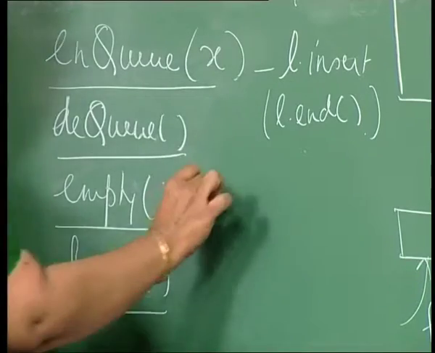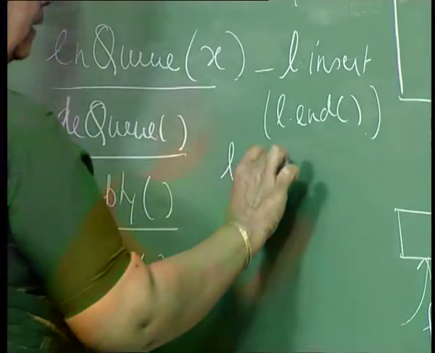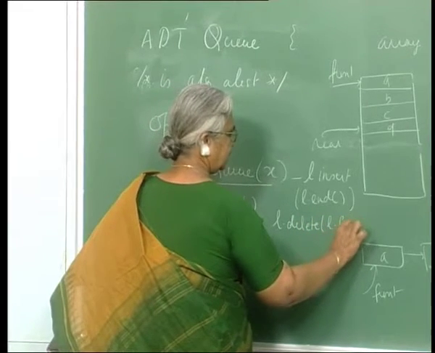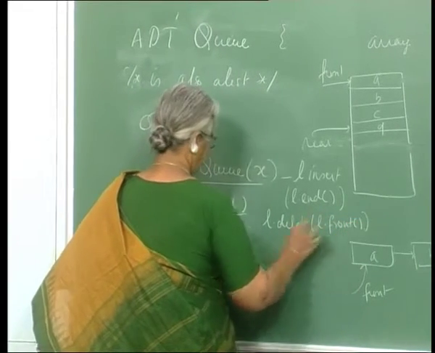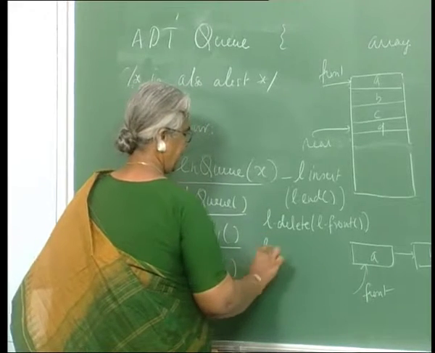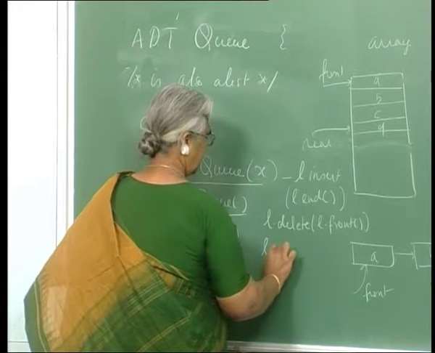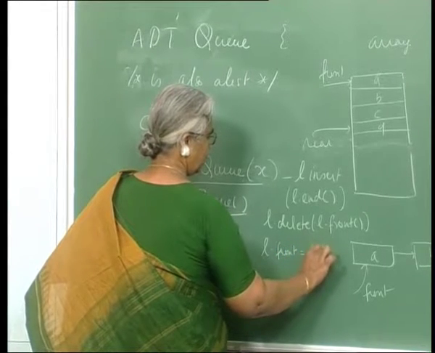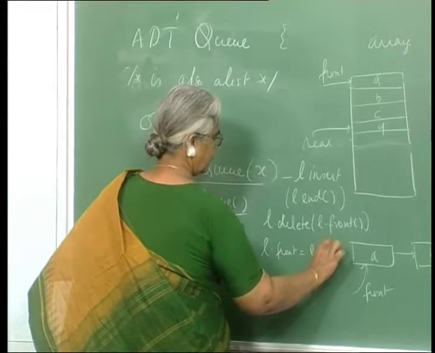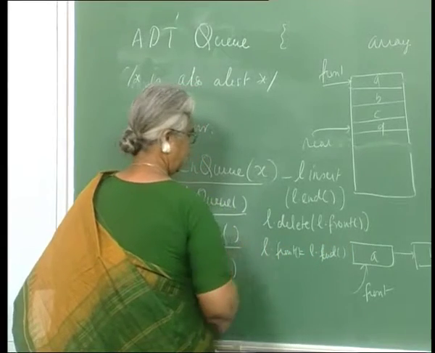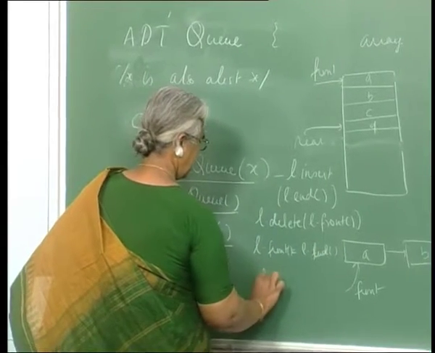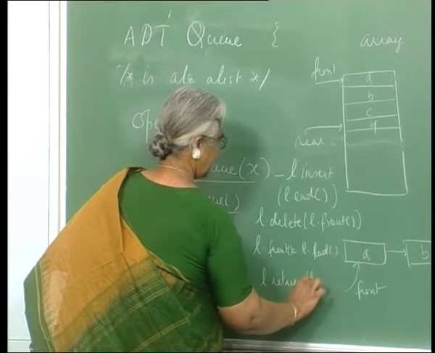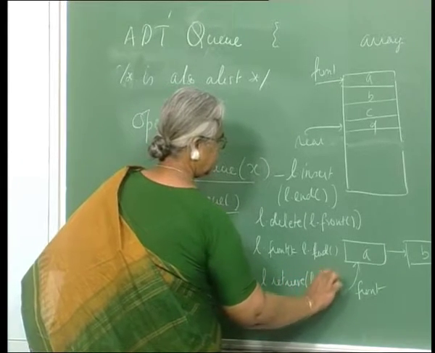Dequeue would be L dot delete L dot front. And empty, just like in the stack, would be L dot front equal to L dot end, which means an empty queue. Front would be L dot retrieve of L dot first.